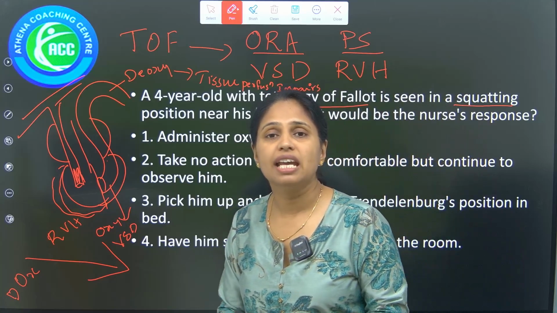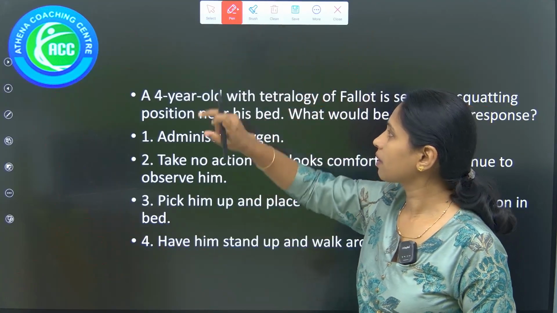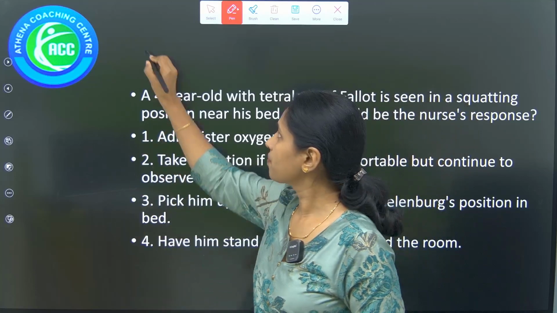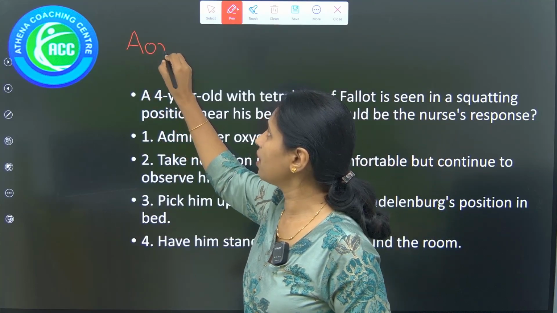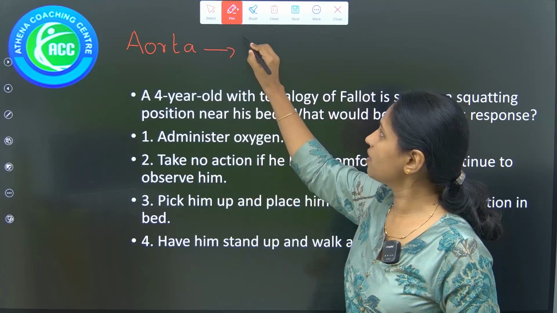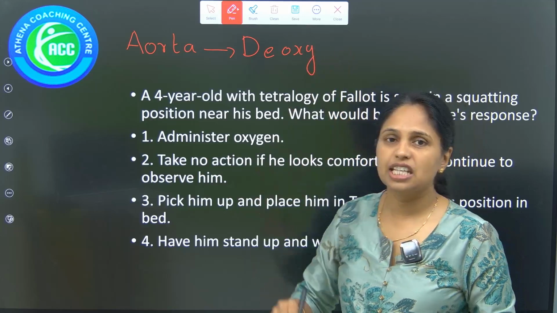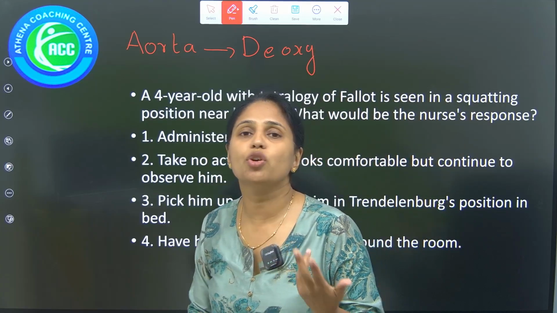Tissue perfusion is impaired. This is a very, very important thing. The aorta receives deoxygenated blood, and what will be the output?